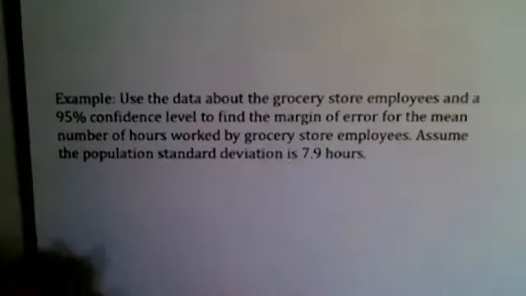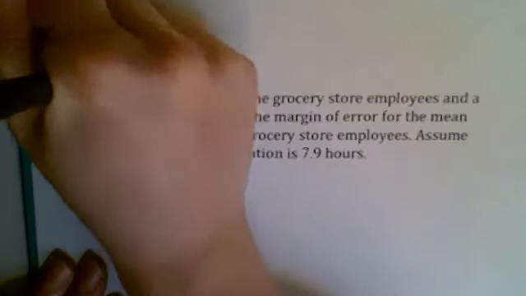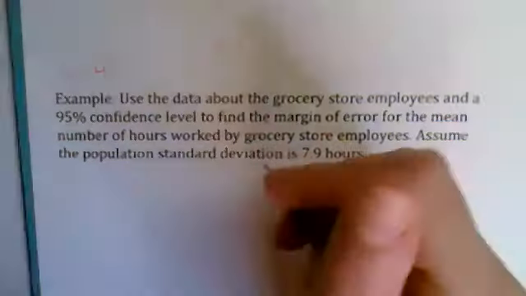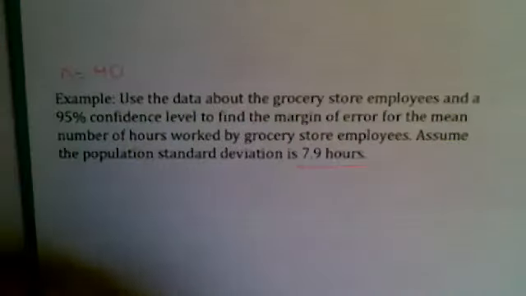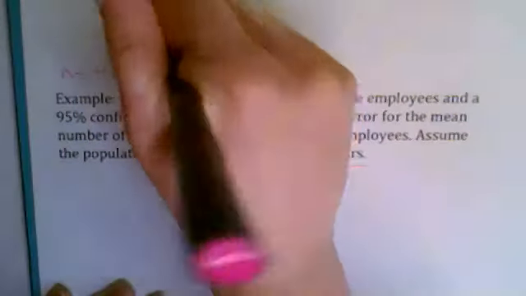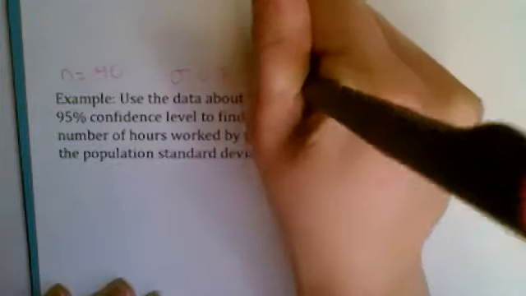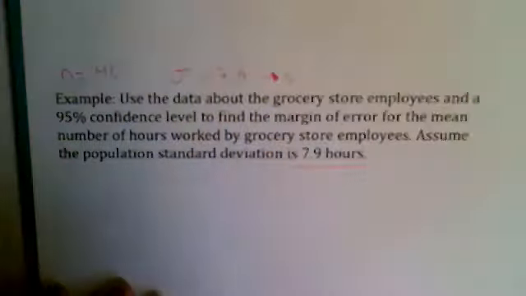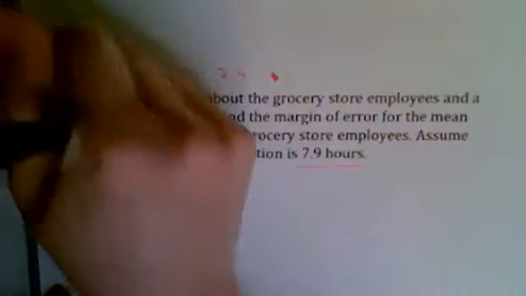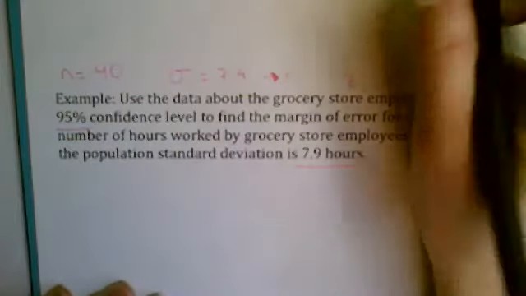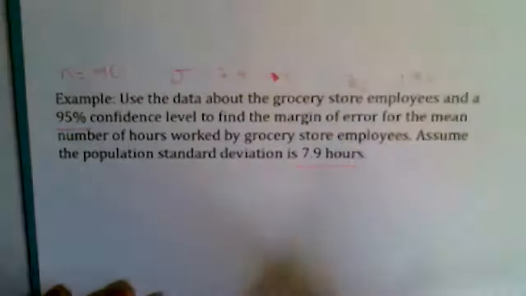So we had, I'm just going to write this down, we had 40 employees. Okay, and it's telling us that the population standard deviation is 7.9 hours. Okay, so in that case, sigma is 7.9, and we're going to use that for S in our formula. And since we are doing 95% confident, that z-score is going to be 1.96.